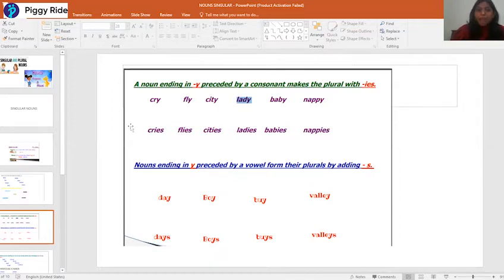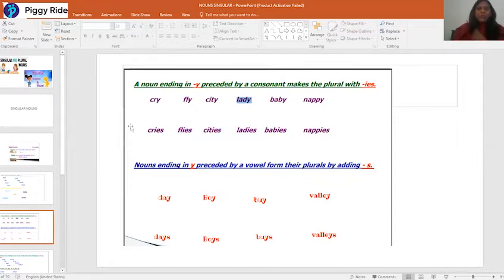Okay. Now let me give you the next example. Fly, FLY. So again, there is a Y consonant, so we make it plural by adding IES. It is FLIES. Let's go to the next example, city, CITY.